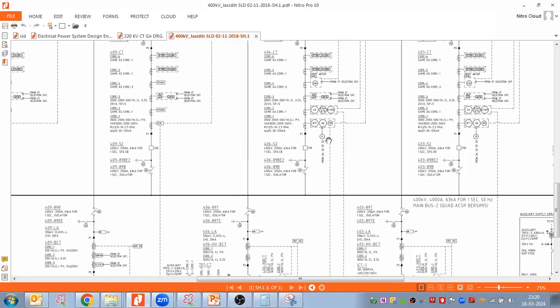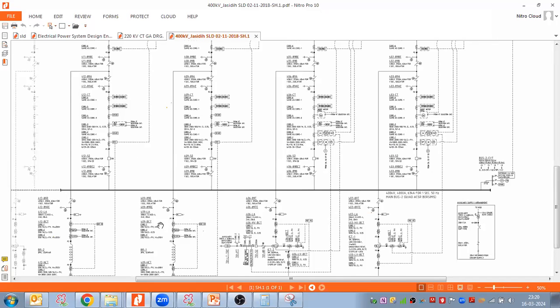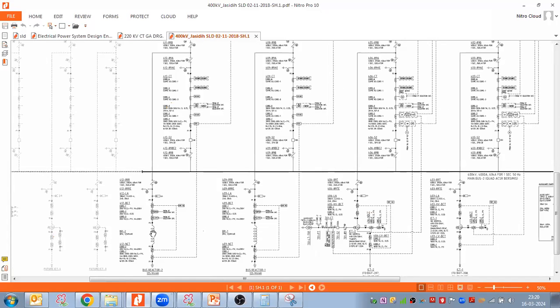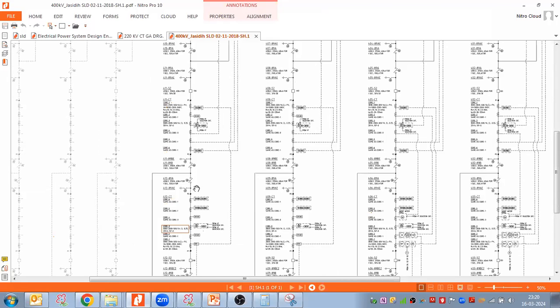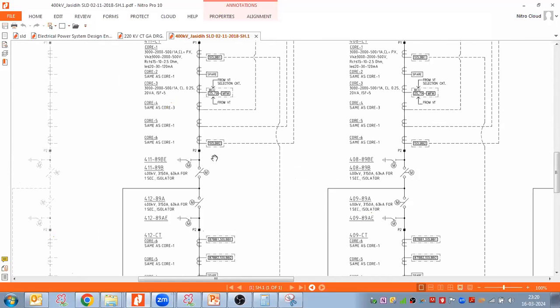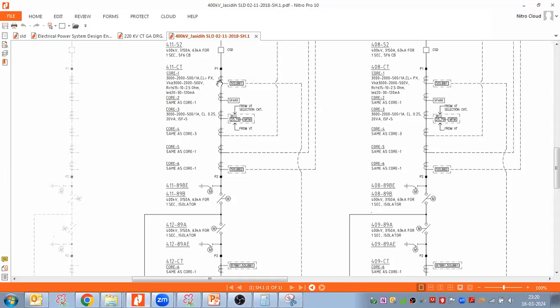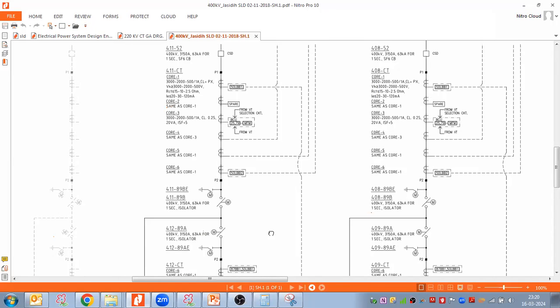This is my reactor and transformer. I took P2 on the reactor side, because the reactor is my protective equipment in the case of the tie bay. So P1 here and P2 on the reactor side.